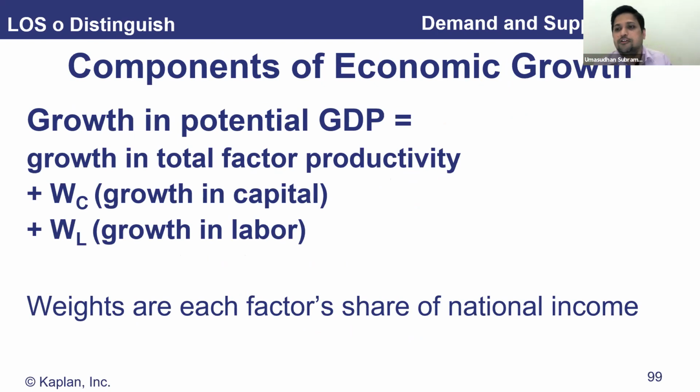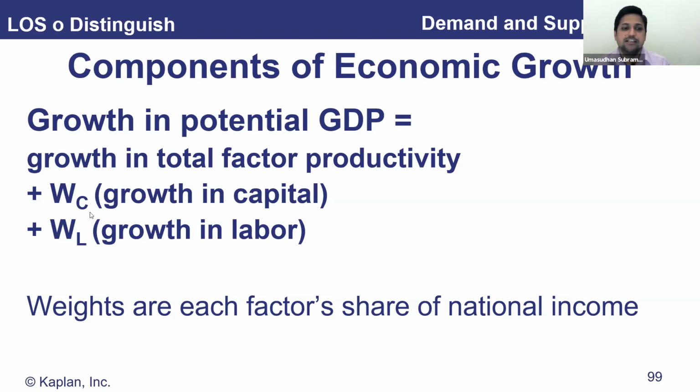Okay. Components of GDP growth, easy to understand. How can you grow your GDP based on the model? You can grow the factor productivity. I think you guys answered even before. Grow productivity, or grow capital, or grow the size of labor. That can increase your GDP. So that's exactly right. Weights are each factor's share of national income.